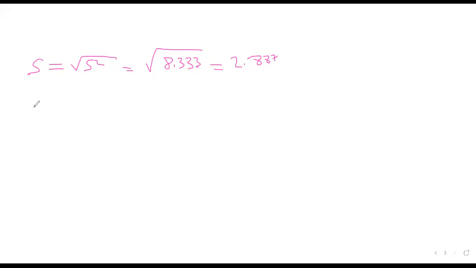Coefficient of variation is given by CV equals standard deviation over the mean times 100.